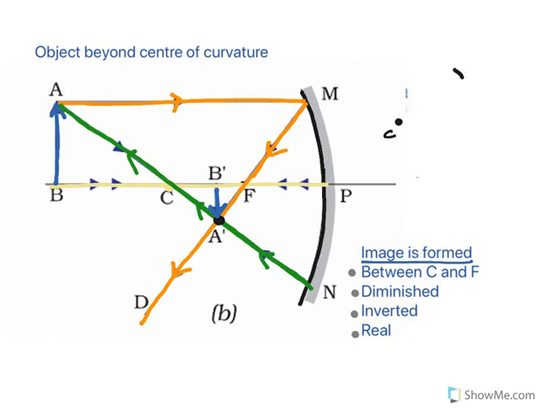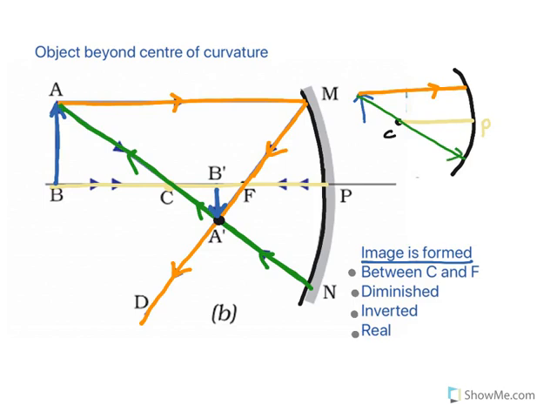So to draw this again, I repeat, you take a center here, a point with your compass, you draw a semicircle or an arc. The next you join this center of curvature to the pole P. Now you have to keep your object beyond C. So your object will be somewhere here. From here draw two rays. One ray that is parallel and one ray that goes through the center of curvature.